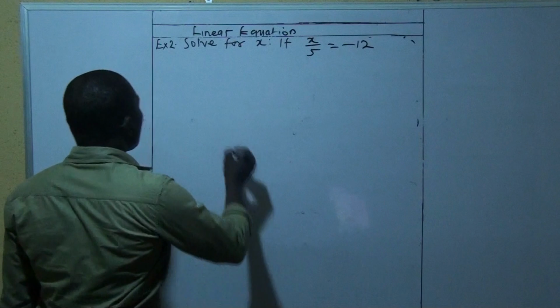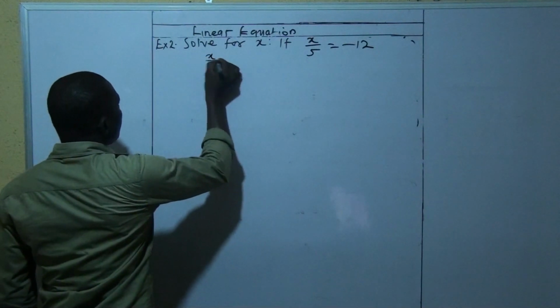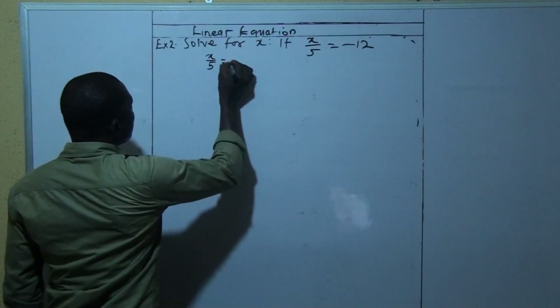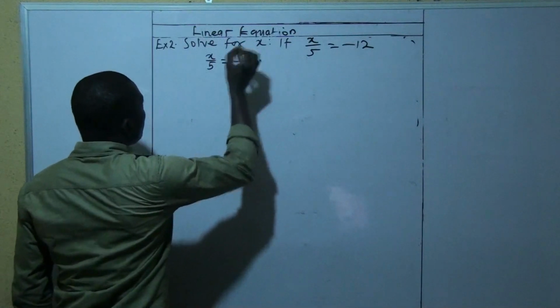Okay, so our equation is this: x over 5 is equal to minus 12.